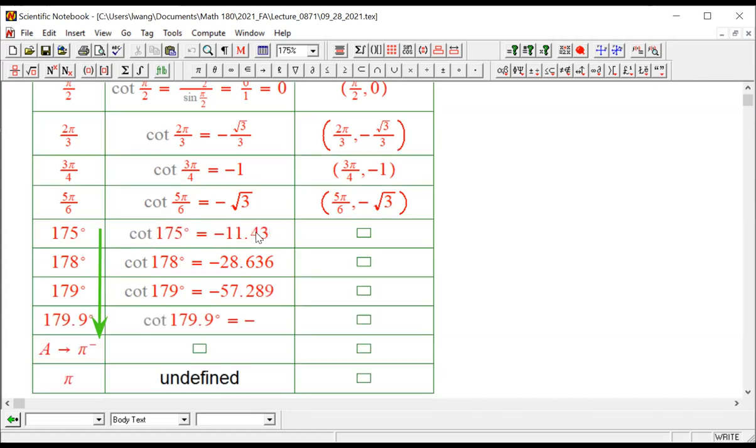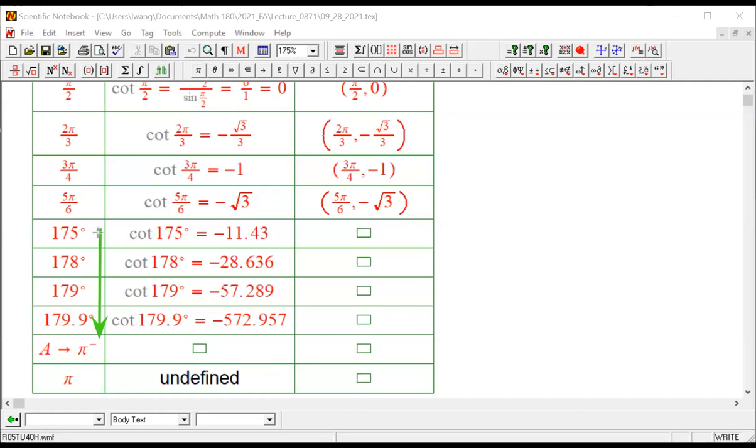All right, thank you. Oh, 572. I'm sorry. So 179.9 degrees is negative 572.957. Thank you.